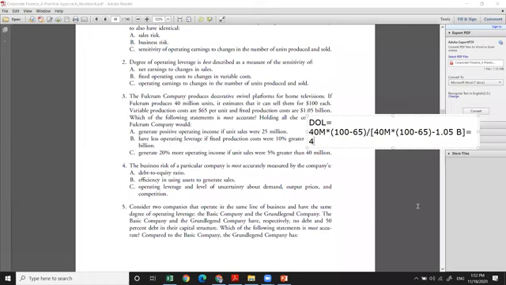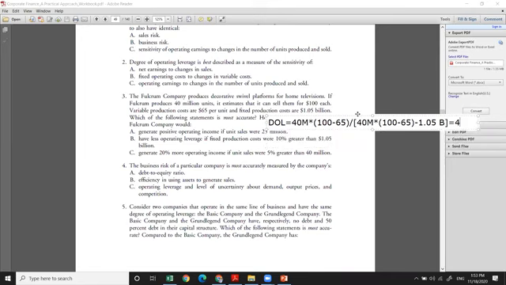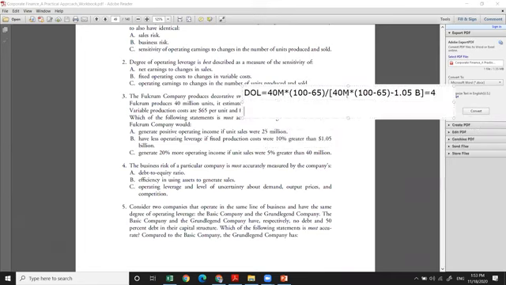So if DOL is 4 and unit sales increase by 5%, then operating earnings are expected to increase by 4 times 5%.